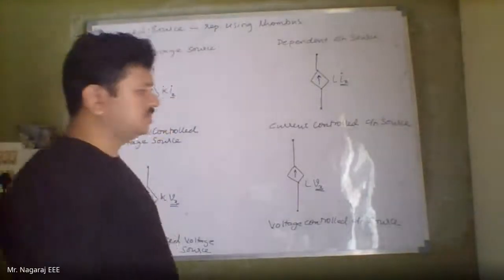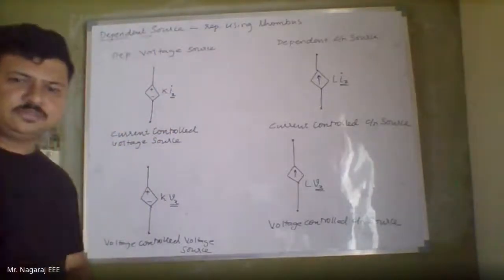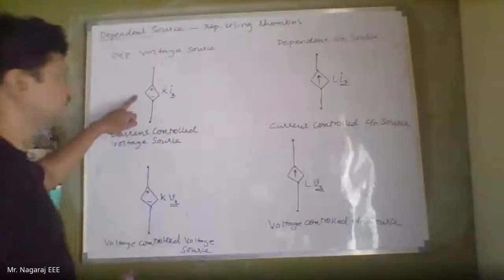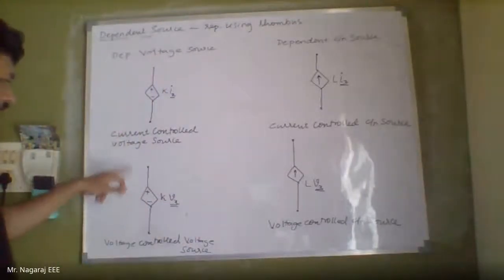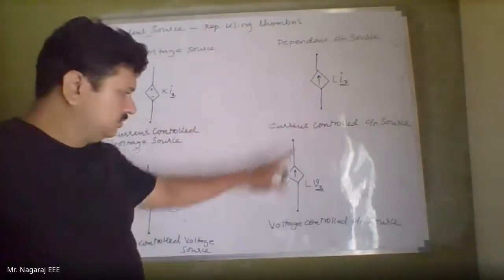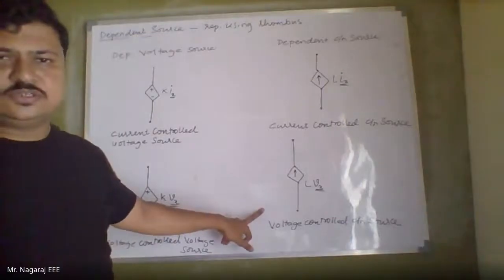So dependent sources are of 4 types. It can be a current controlled voltage source, voltage controlled voltage source, current controlled current source, voltage controlled current source.